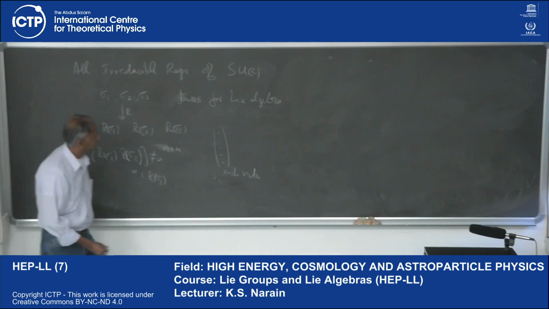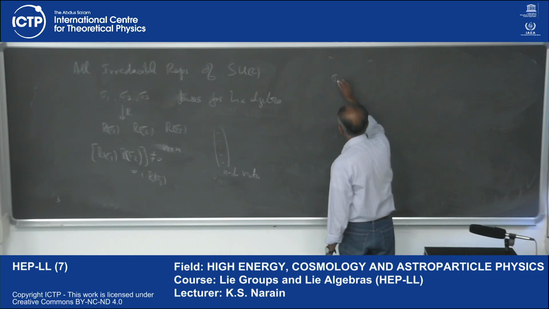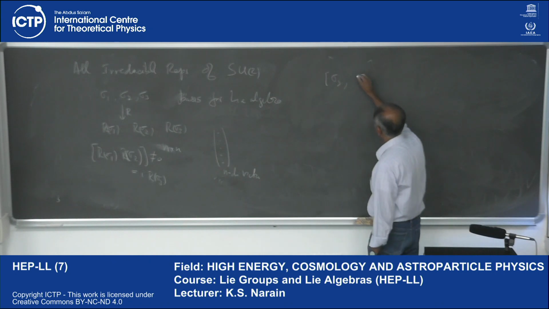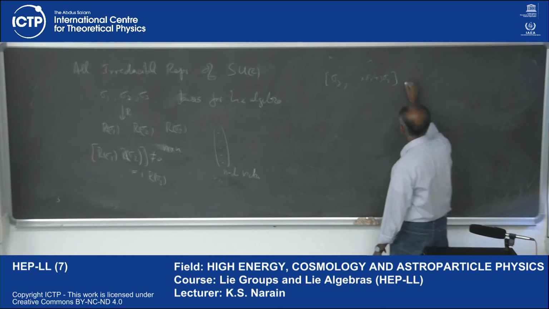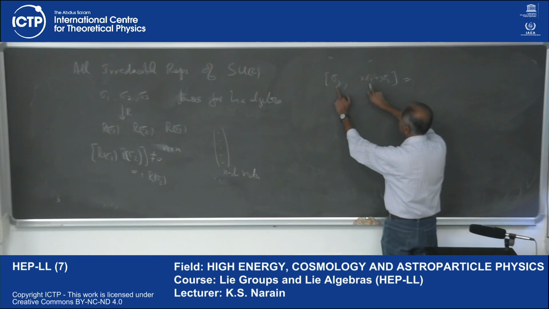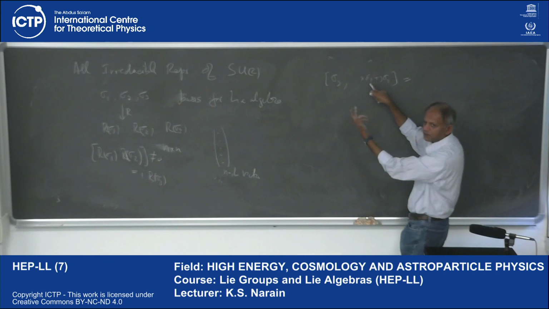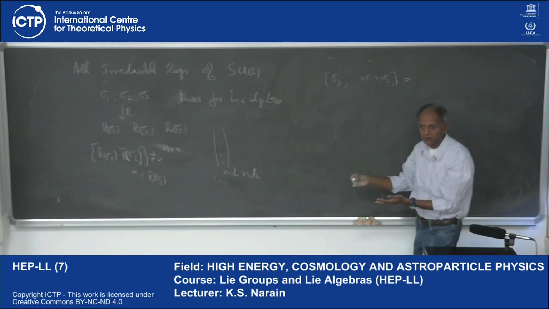What is more convenient is to look at the commutation relations. I want to find some combination, let's say x sigma 1 plus y sigma 2, such that the commutator of sigma 3 with sigma 1 is plus or minus i sigma 2, and sigma 3 with sigma 2 is plus or minus i sigma 1.